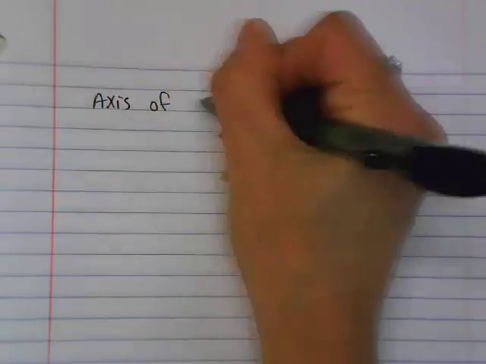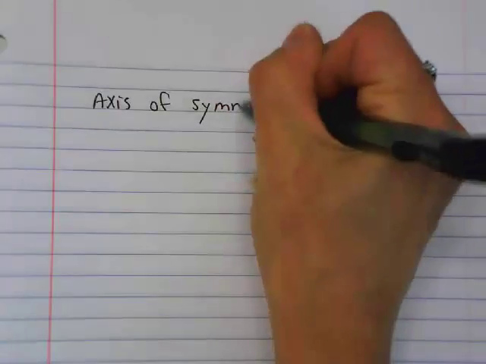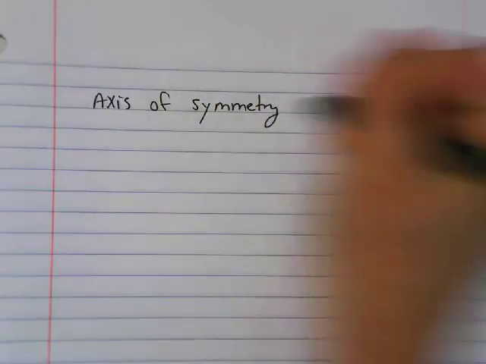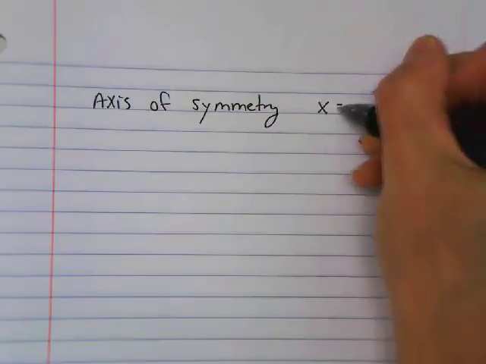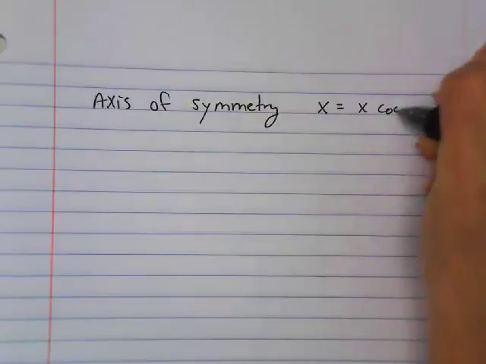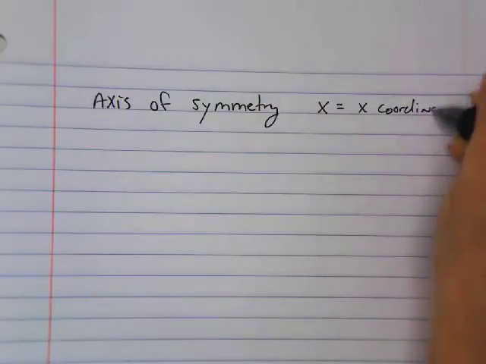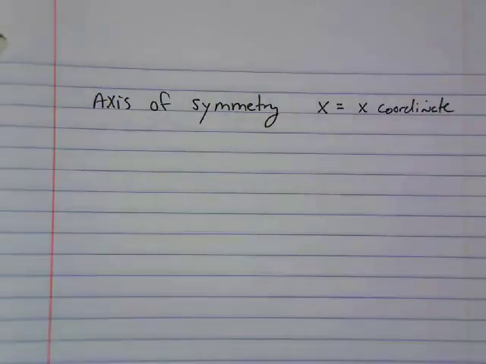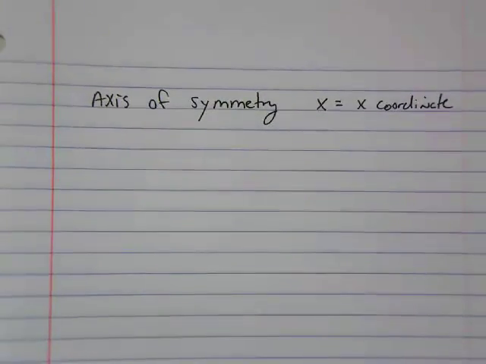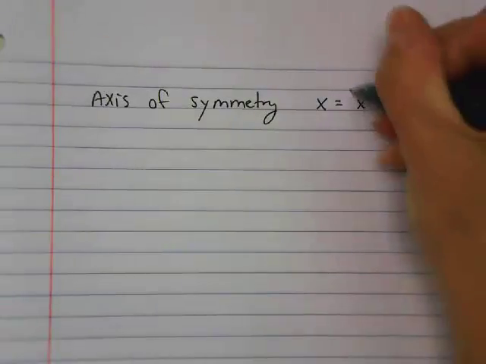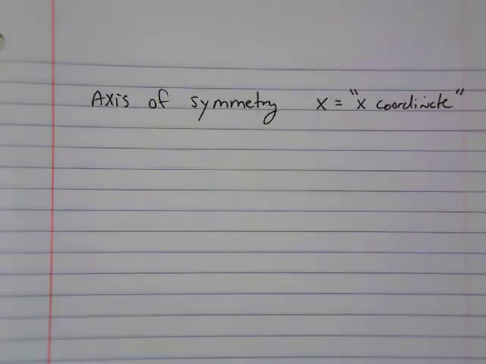Alright, the axis of symmetry. You let x equal the x coordinate. You're just giving me the equation of that vertical line. And I'm going to go ahead, I'll put that in quotes for you.